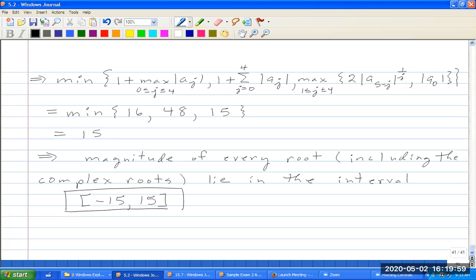And that is your answer. So that finishes off section 5.2.